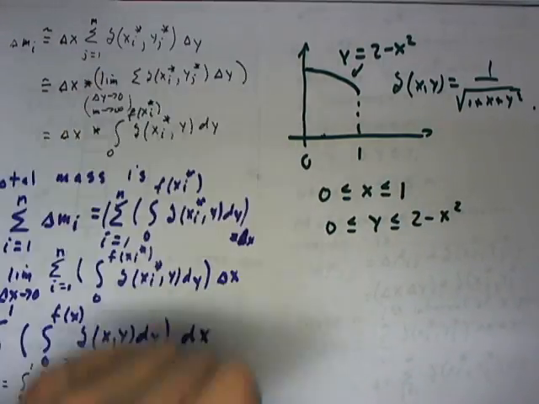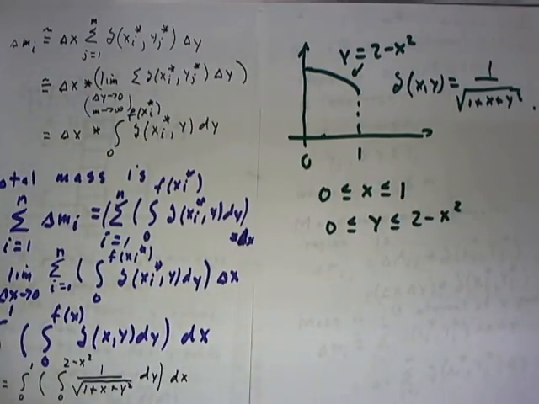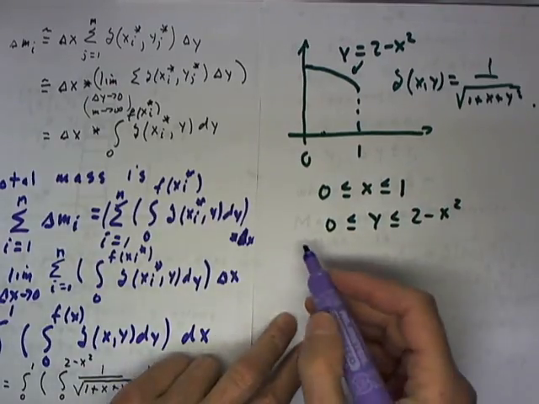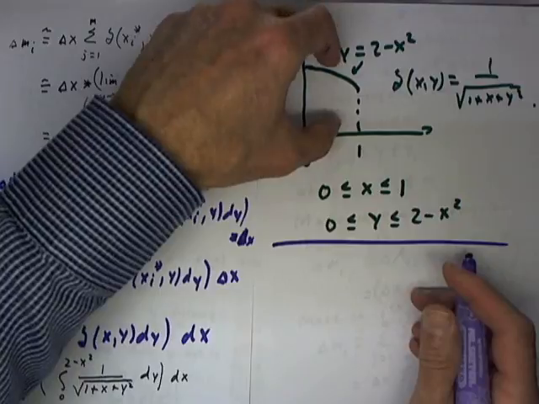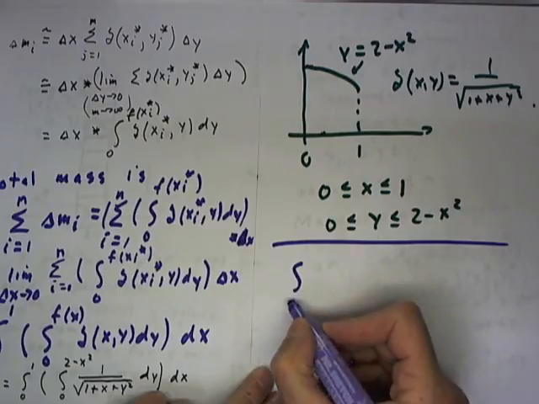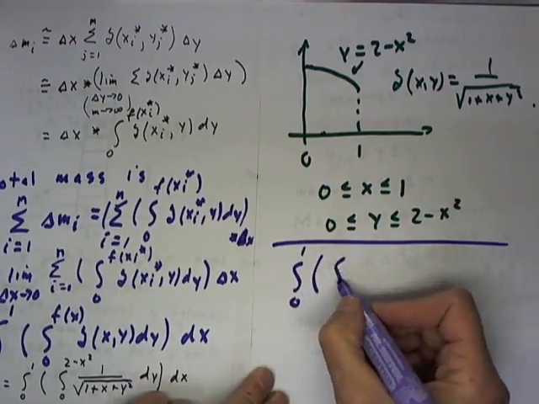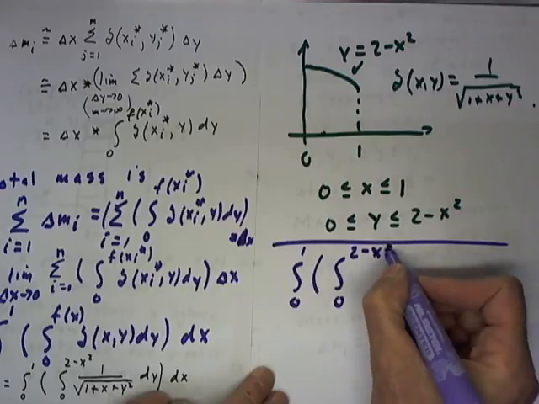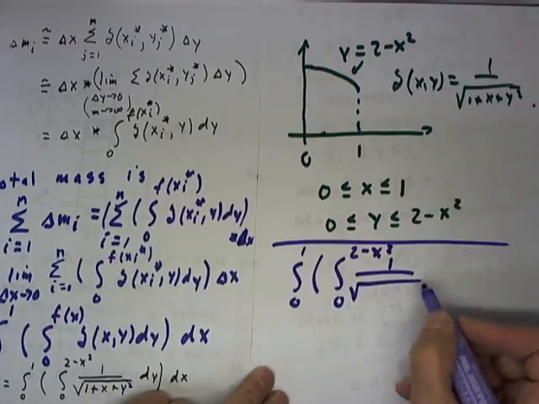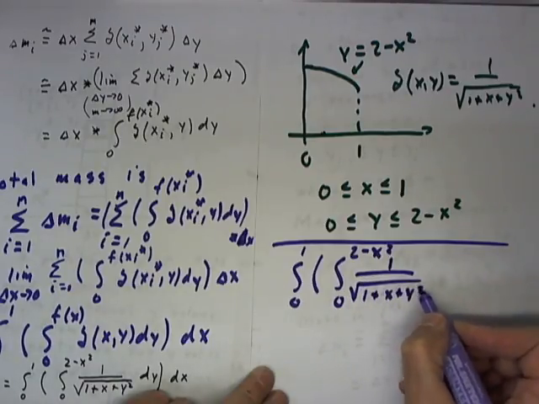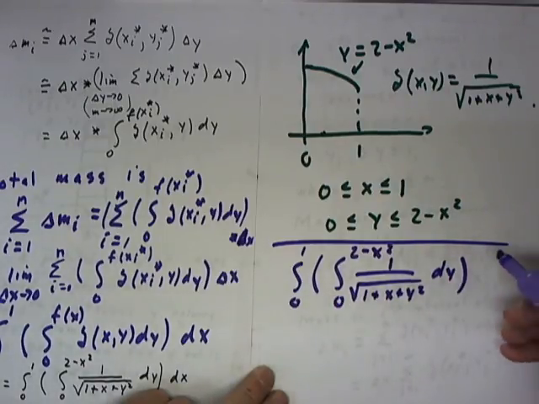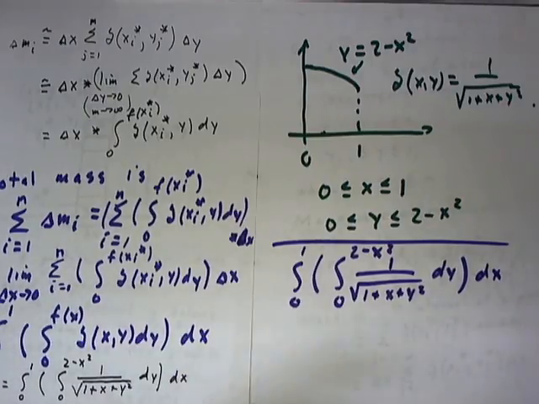Now, we've seen that if we analyze the mass of this region, it can be represented by the integral from 0 to 1 of the integral from 0 to 2 minus x squared of our density function with respect to y, that integral with respect to x.